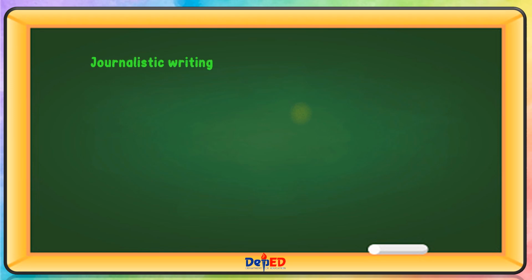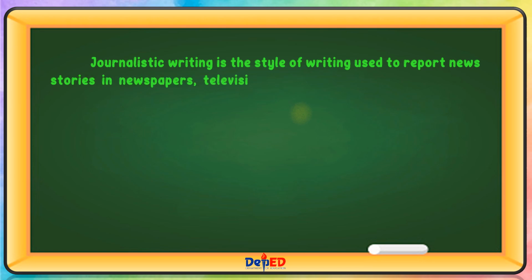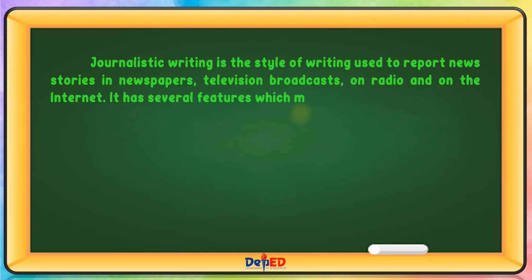Journalistic writing is the style of writing used to report news stories in newspapers, television broadcasts, on radio, and on the internet. It has several features which make it different from story writing.